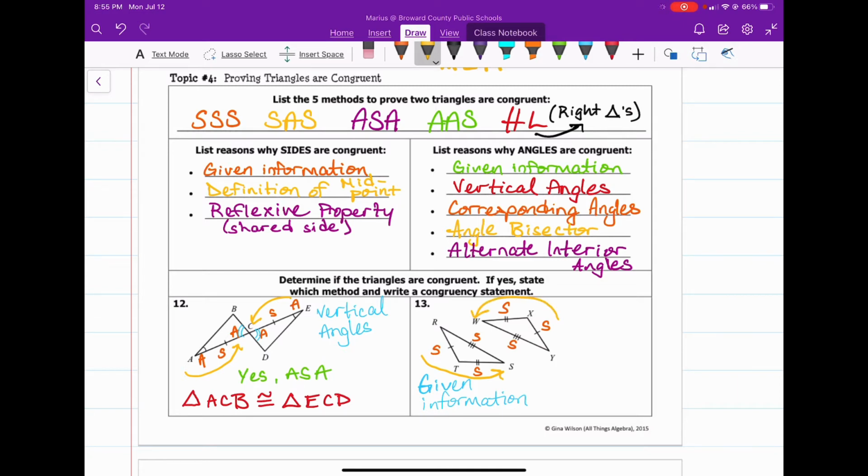So, are these triangles congruent? Yes, and it would be side, side, side. Now, the congruency statement, if I'm talking about the one to the left, is triangle RTS is congruent to triangle YXW.